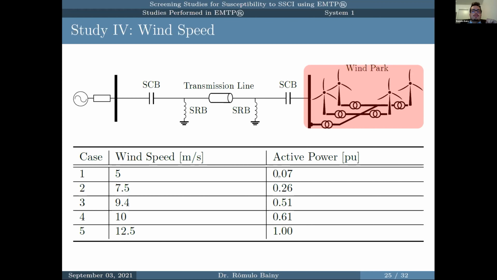So we are going to go from 0.07 per unit until we get halfway through, 0.51 or 9.4 meters per second. And we are going to reach 1 per unit when we have 12.5 meters per second.